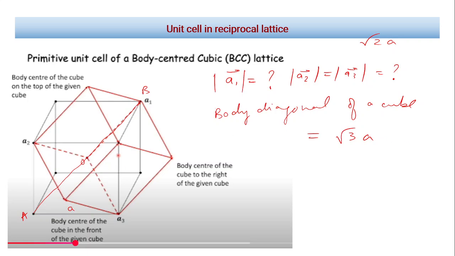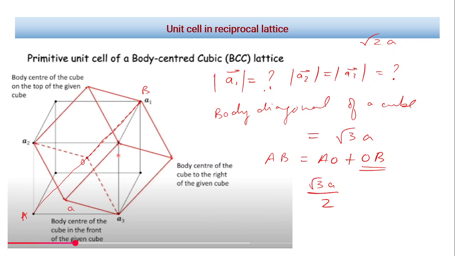O is in the middle of this whole length, because AB, which is root 3A, is equal to AO plus OB, and we want to find out OB. So that will be half of AB, that means root 3A by 2. This will be the magnitude of these vectors.